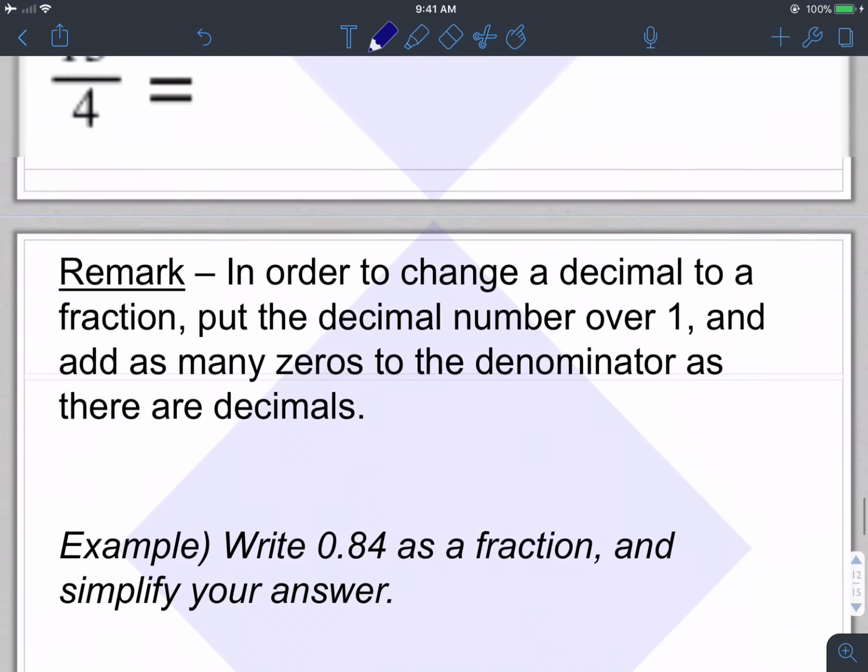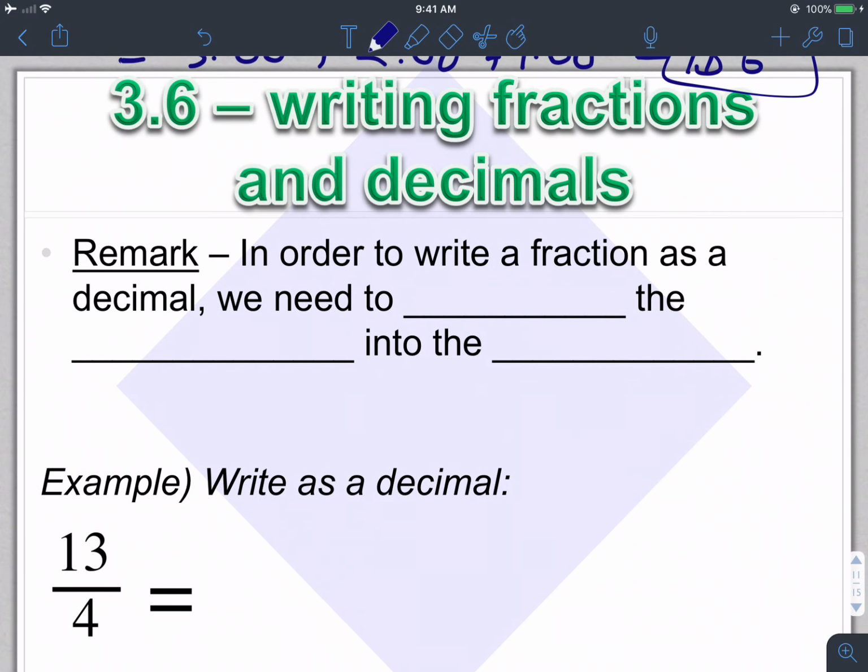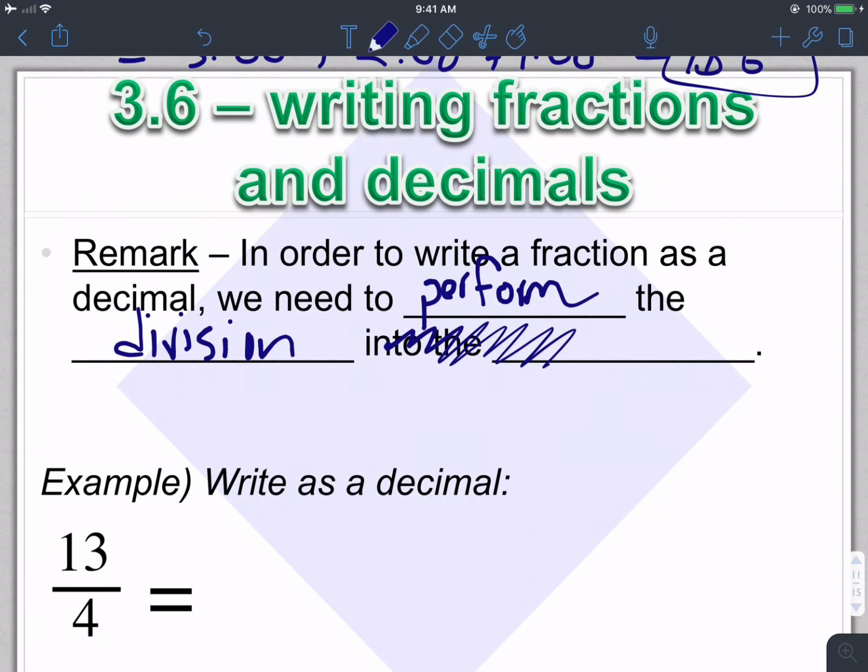One, two, almost there. In order to write a fraction as a decimal, we need to perform the division. No idea what I was talking about when I first wrote that.